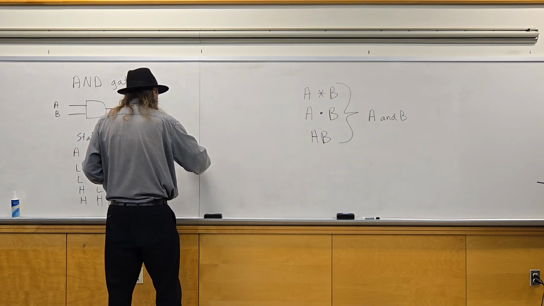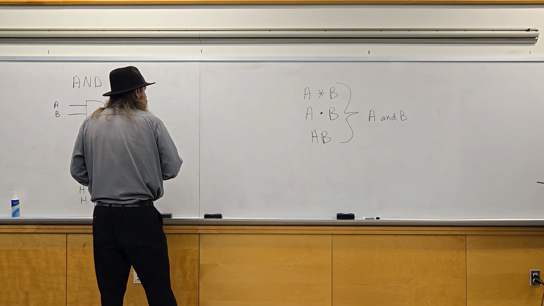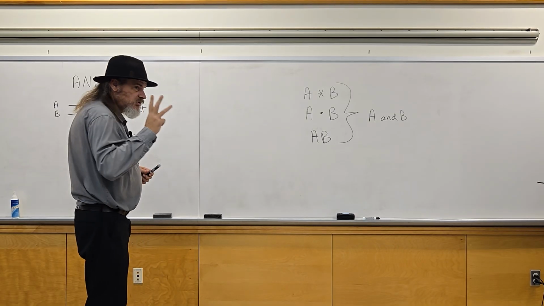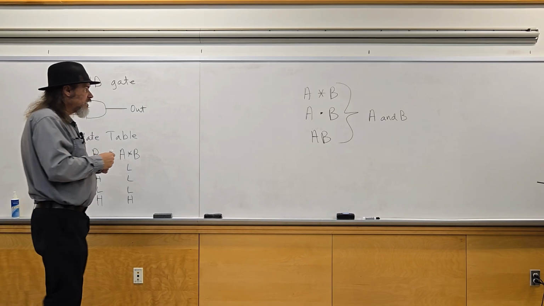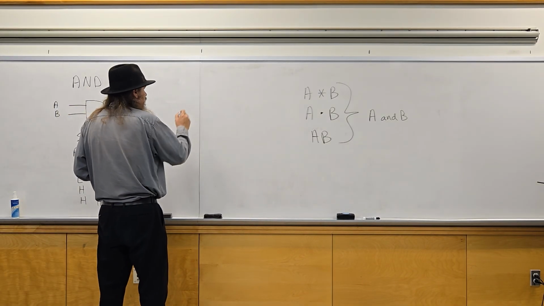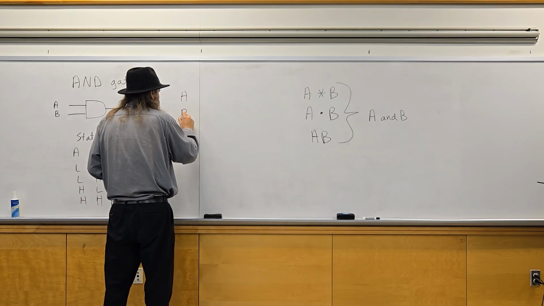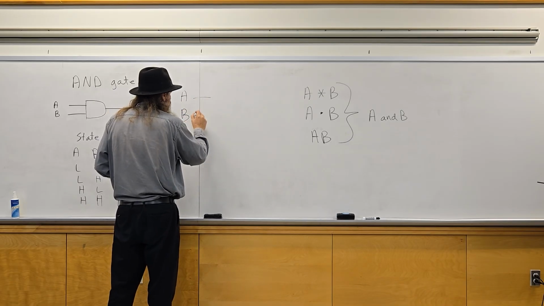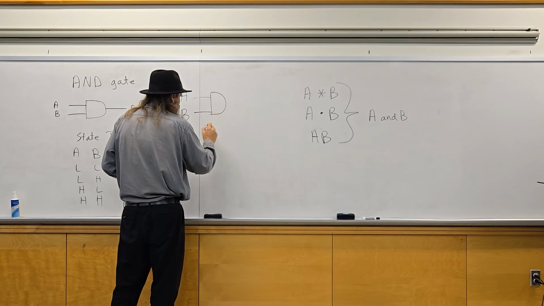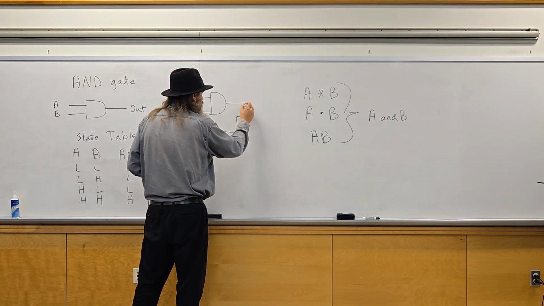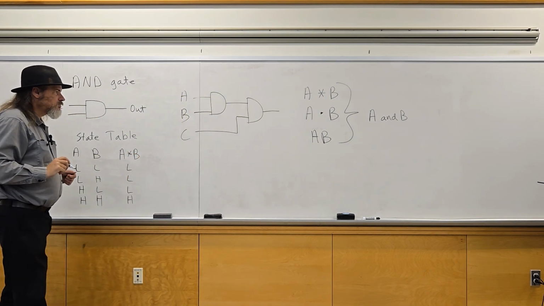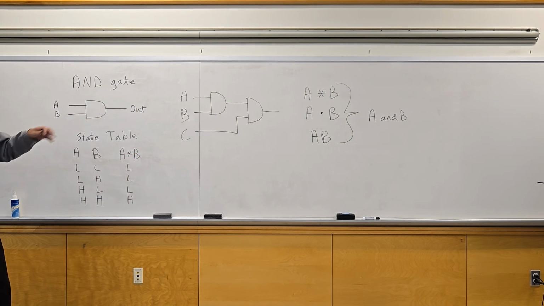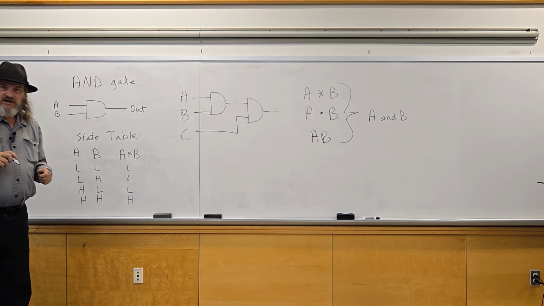How this sort of thing can be used is if you have three inputs that you want to AND together to make sure they're all high, three ANDed together, A, B, and C, you can link them together with two AND gates, like so, and that will behave the same as a three-input AND gate.